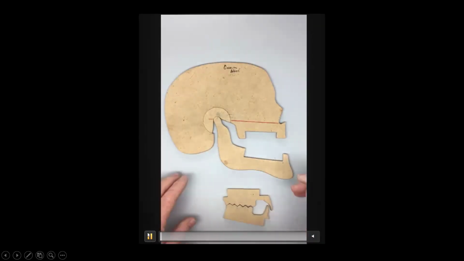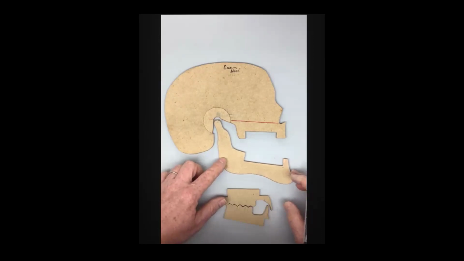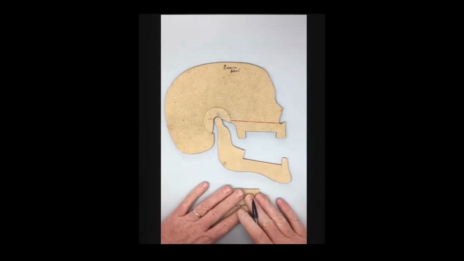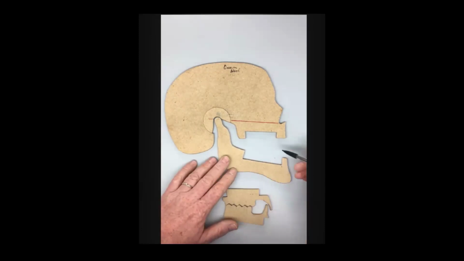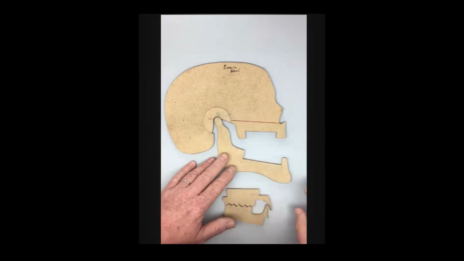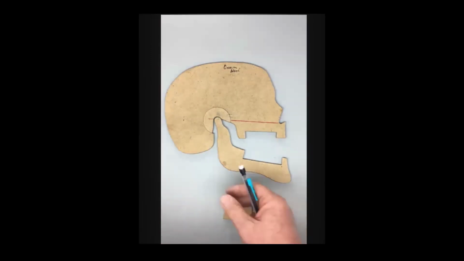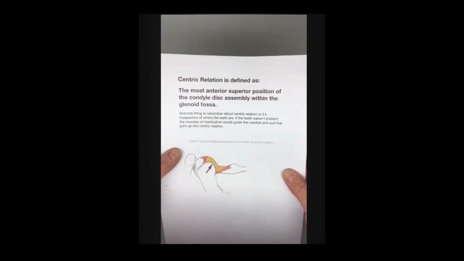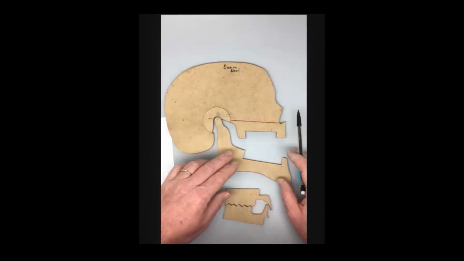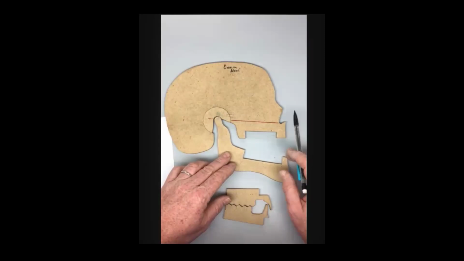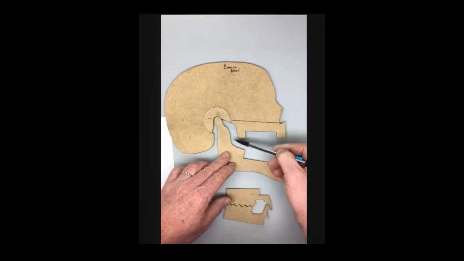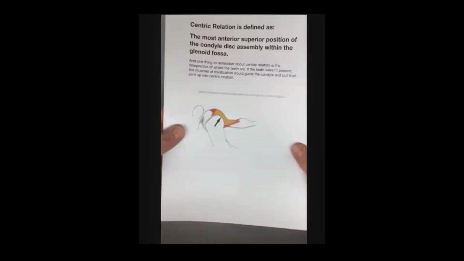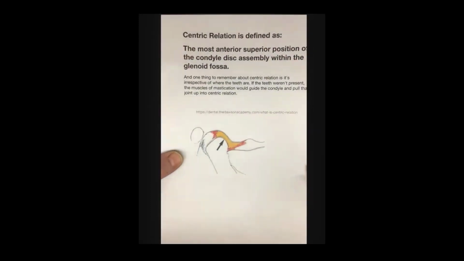Here in this video they first established the centric relation record, wherein the condyle is articulating in a particular position which is repeatable and reproducible by the patient, wherein the muscles are unstrained. It is defined as the anterior superior position of the condylar disc assembly. So they have established that particular assembly. Now you will see that once this particular relation is established, the teeth are added to this relation.